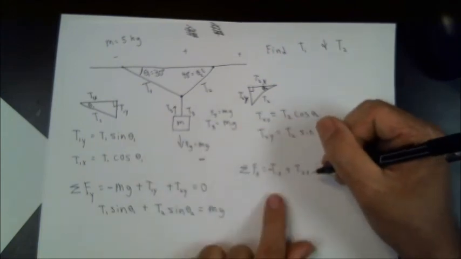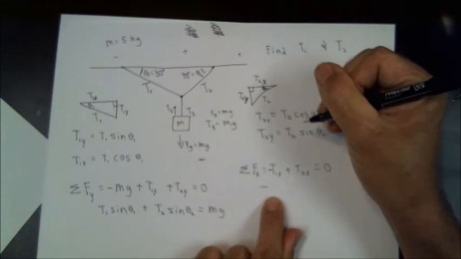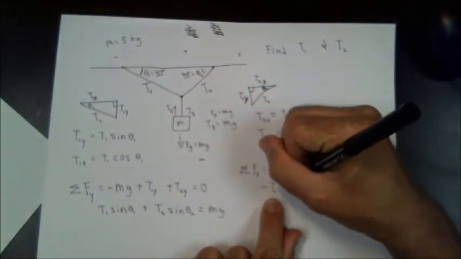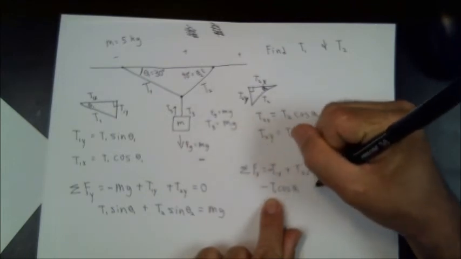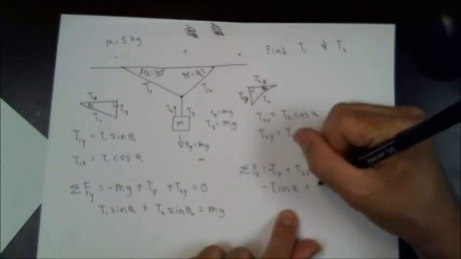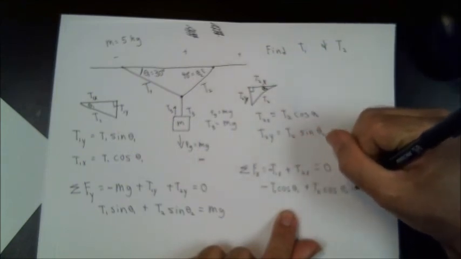I'm going to do the same thing with this one. That's a negative in front of T1x, so that's negative T1 cosine theta 1. T2x is positive, so positive T2 cosine theta 2, and that's equal to 0.